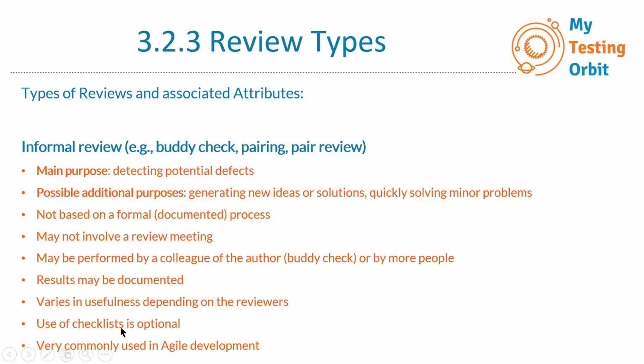Use of checklist is optional. We'll go through it in a short while, where we usually use checklist, but in informal review, we don't use any kind of checklist. It's very commonly used in agile development. We already covered that mostly informal reviews are done in agile models.